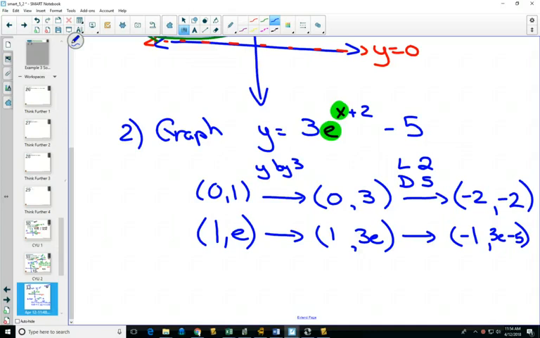When we go to graph this, oh, we should also talk about our asymptote. The only thing that's going to affect a horizontal asymptote is whether things are moved up or down. This is moved down 5, so it changes to y equals -5.